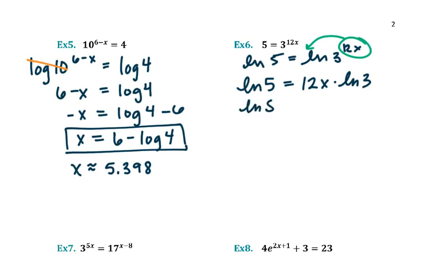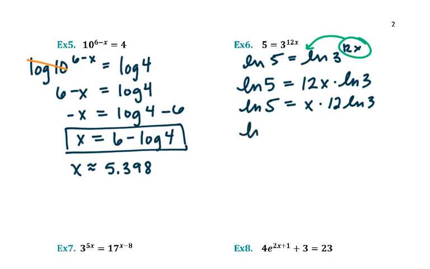And by commutativity, if I wanted to, which I don't need to, I could rearrange that multiplication and say x times 12 times the natural log of 3. So isolating x, we just have to divide by this coefficient.